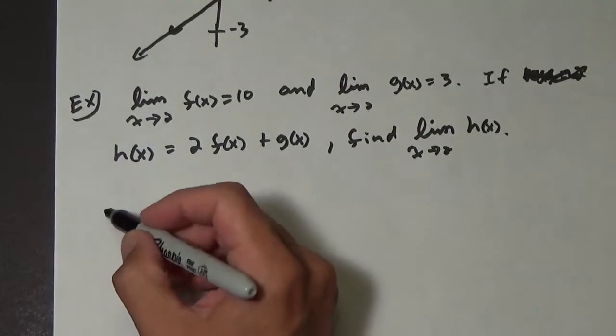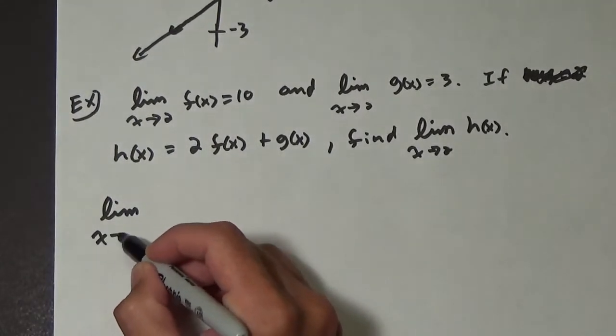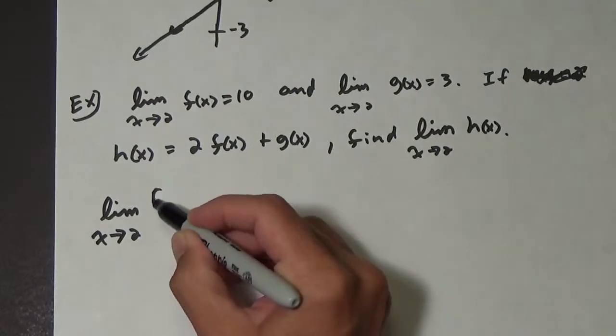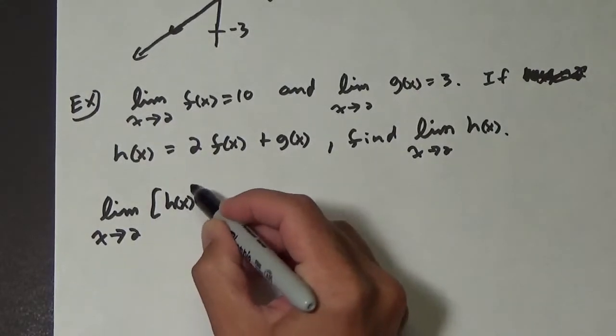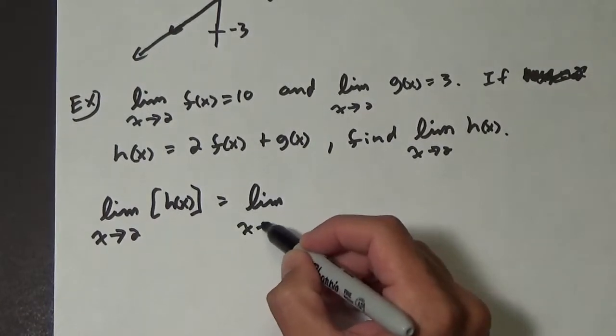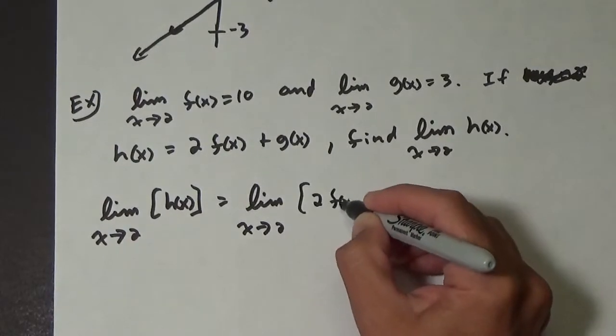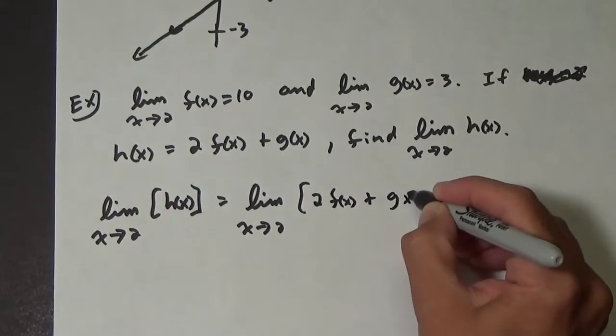So the limit as x approaches 2 of h of x is going to be the limit as x approaches 2 of 2 f of x plus g of x.